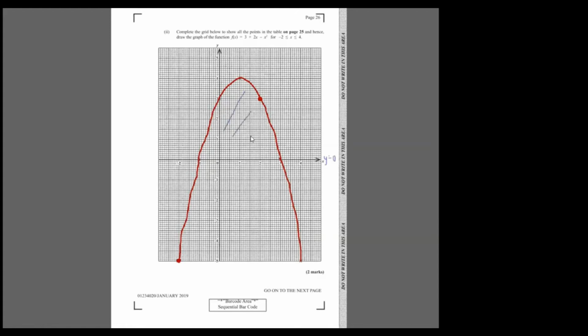So it is greater than 0 when x is between 1 and 3.